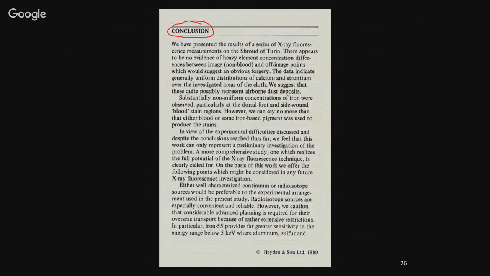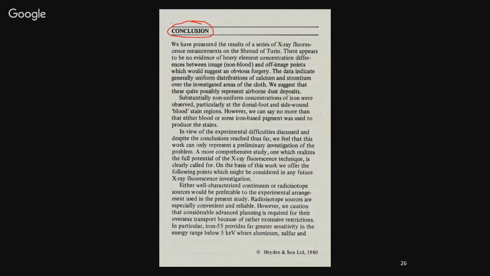Substantially non-uniform concentrations of iron were observed, particularly at the dorsal foot and side wound blood stains. What a surprise. They found iron in the blood, which of course there is iron in our blood. So this is, at least in part, corroboration that the bloodstains are most likely blood.